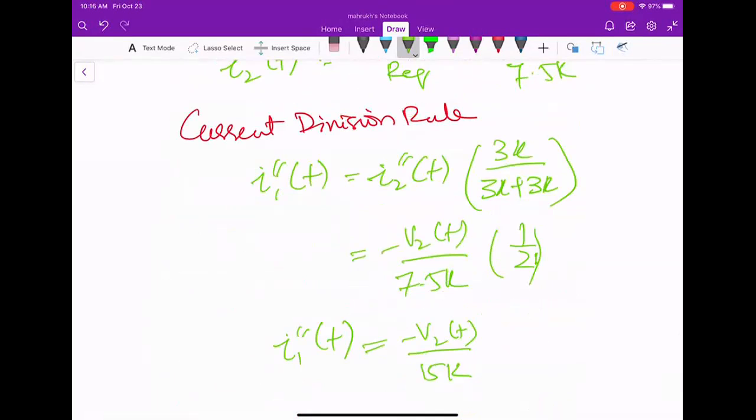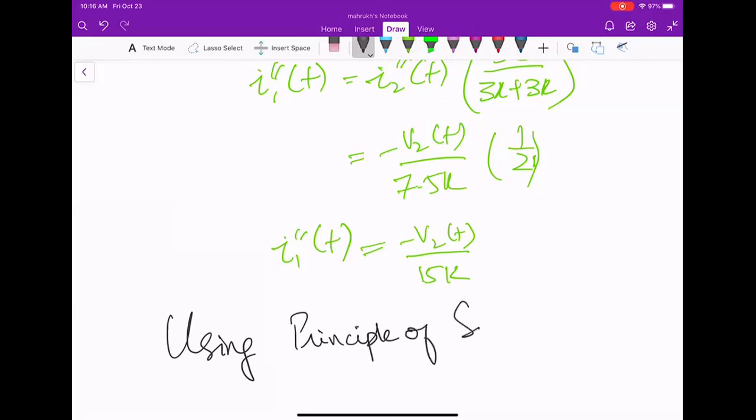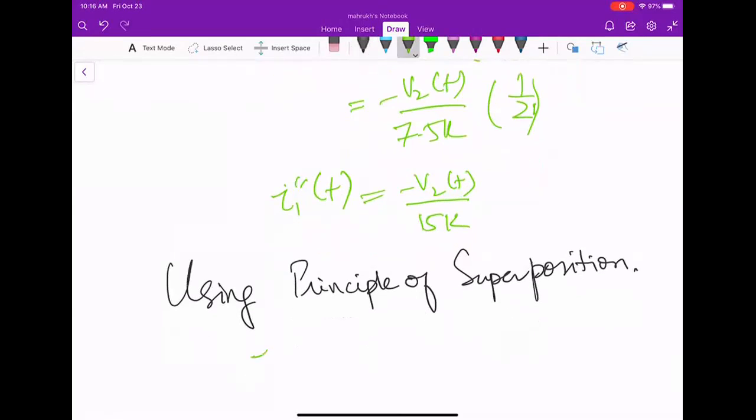Yep. So now I will use the principle of superposition, or additive property, and I say I of t is equal to I1 dash of t plus I1 double dash of t.